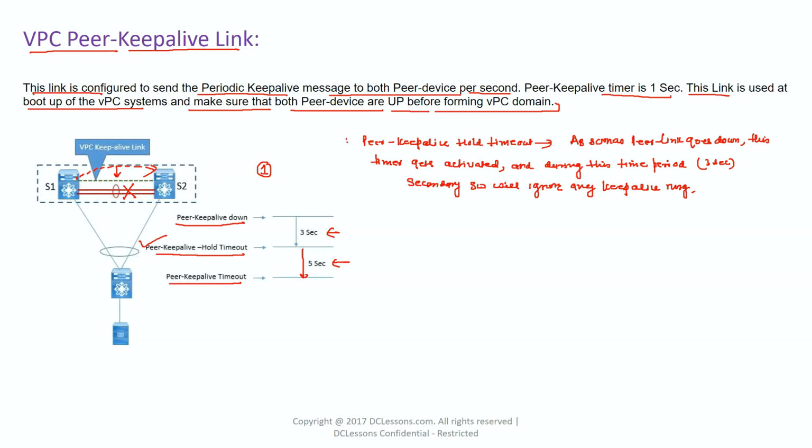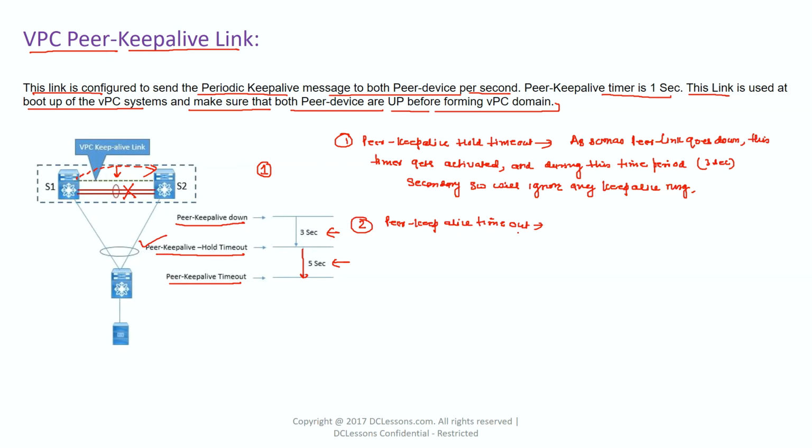Now what is the peer keep alive timeout? So during this period, secondary device will look for any keep alive message from a VPC primary device.